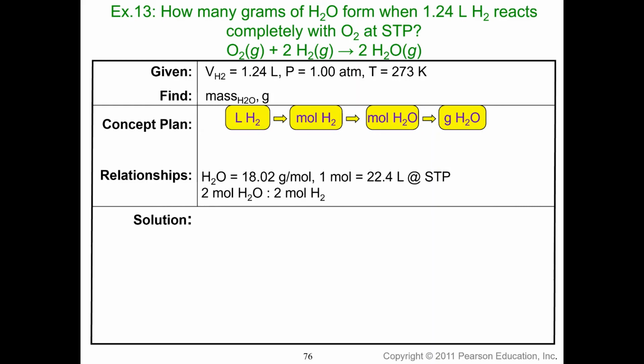Can we do that? Yeah, of course we can do that. We can use it like a density, like a molarity. But here we define that 1 mole of any gas has a volume of 22.4 liters at STP, right?